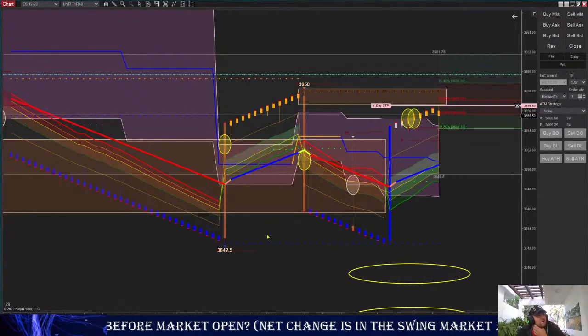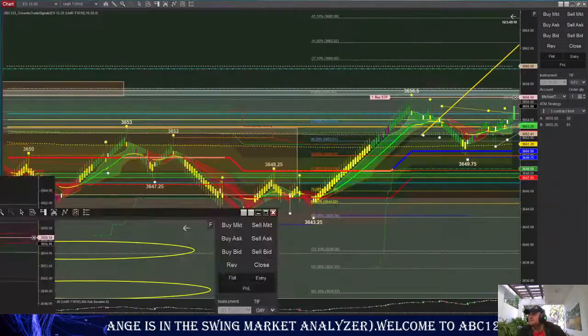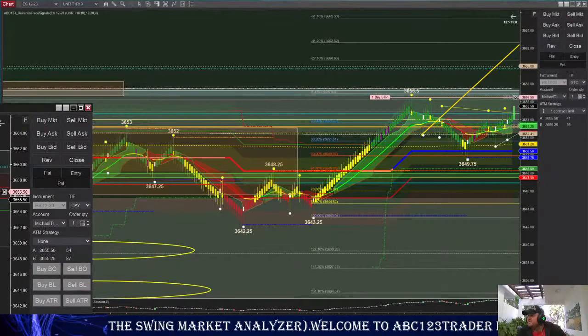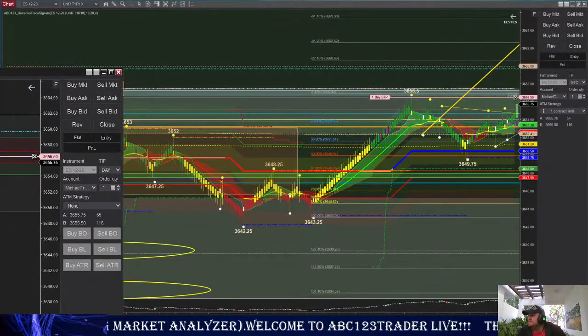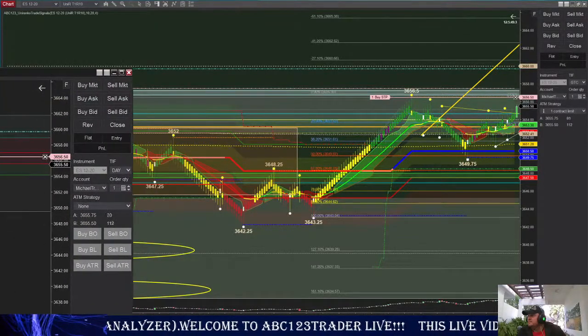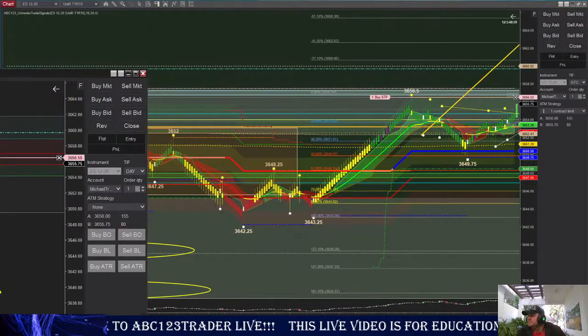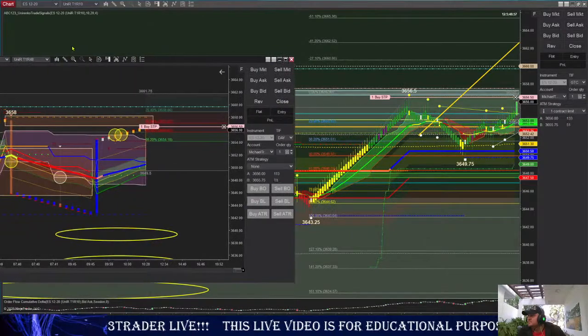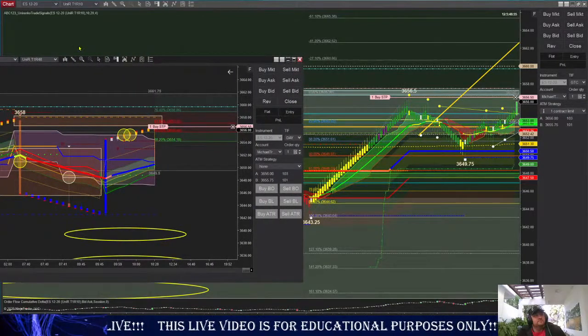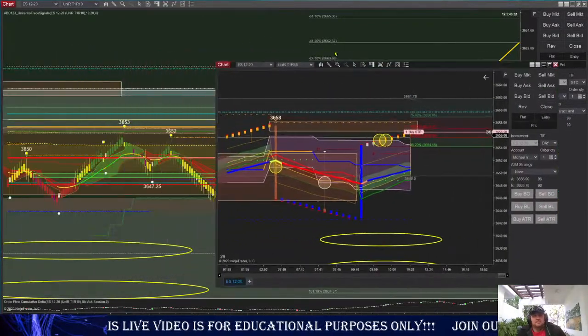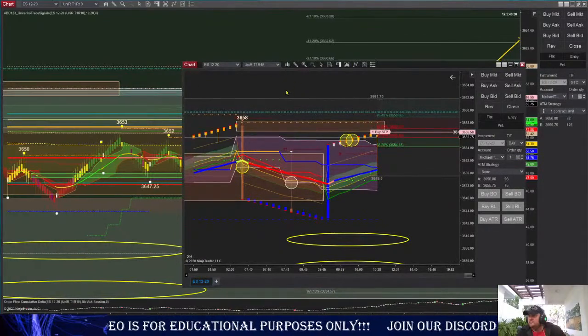Now it's starting to finally break through. Let's take a look, it wants to break through here. Now let's see if we can get this thing going.